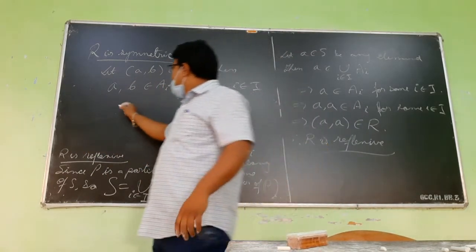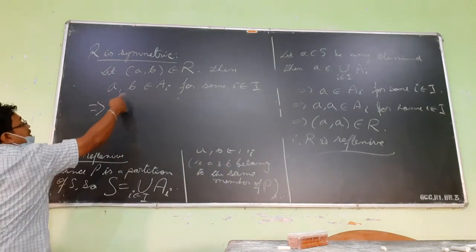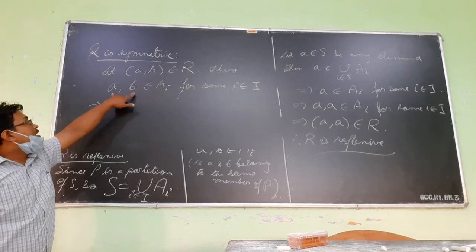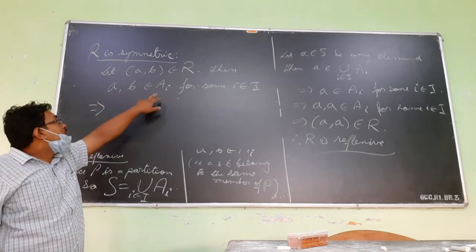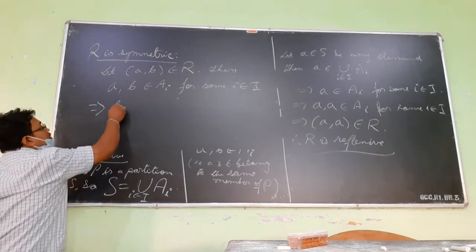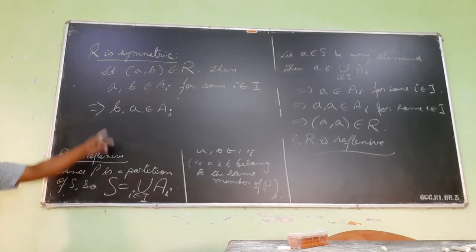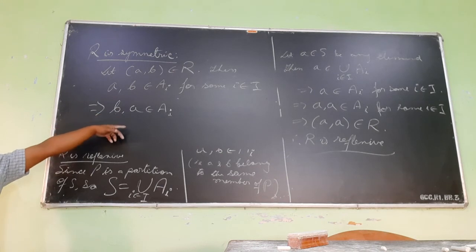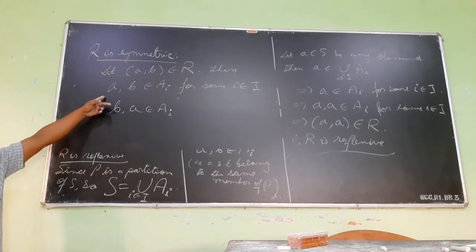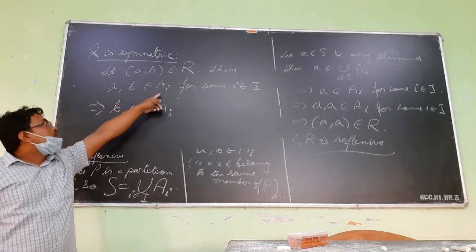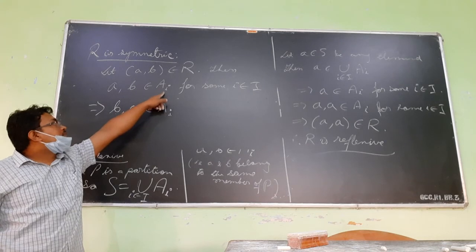So from here, what can you say? I want something like (B, A). A and B belong to A_I. Is it the same as saying B and A belong to A_I? The same thing. Suppose A and B belong to, say, maths honors first year.